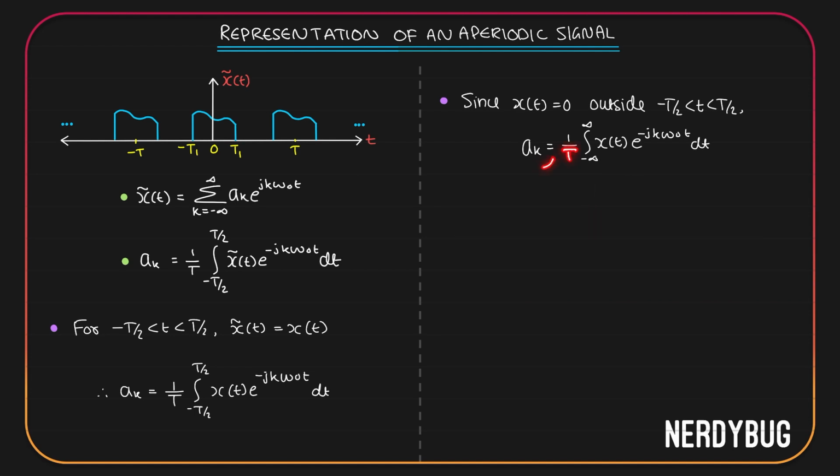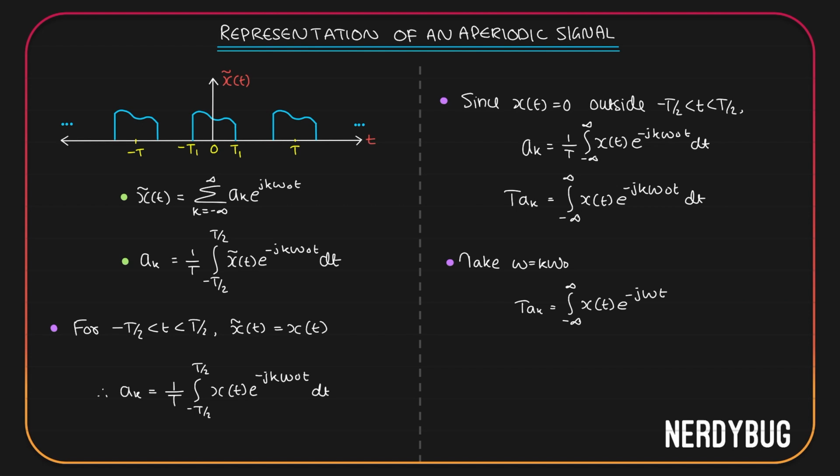Now let us bring T over here to the left hand side, so we get T a_k. T a_k will be the integral from minus infinity to infinity of x(t) e^(-jkω0t) dt. Let us take kω0 as ω to write it as a function of ω. Then T a_k becomes the integral from minus infinity to infinity of x(t) e^(-jωt) dt.